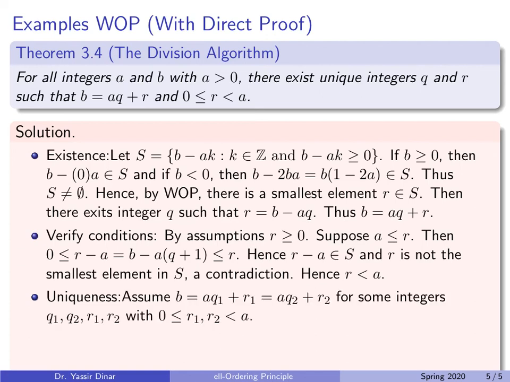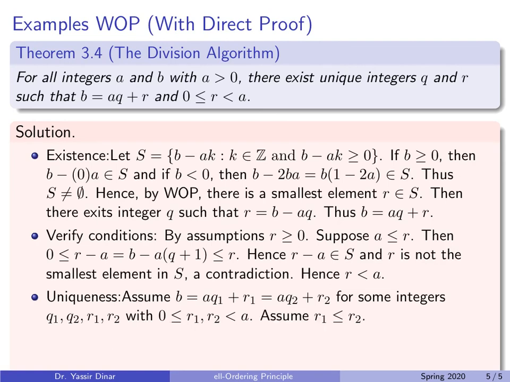For the uniqueness, we assume that we can write b in two different ways: a multiplied with q1 plus r1, and a multiplied with q2 plus r2, where all of them are integers, and r1 and r2 are less than a and greater than or equal to 0.